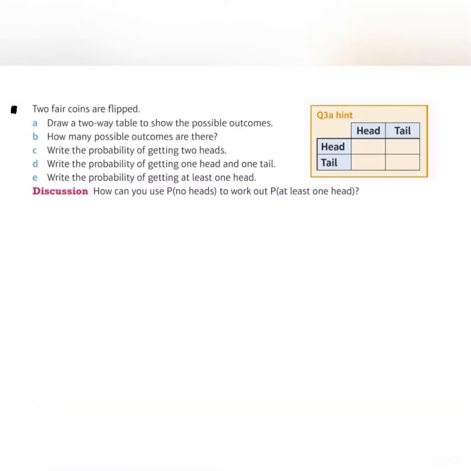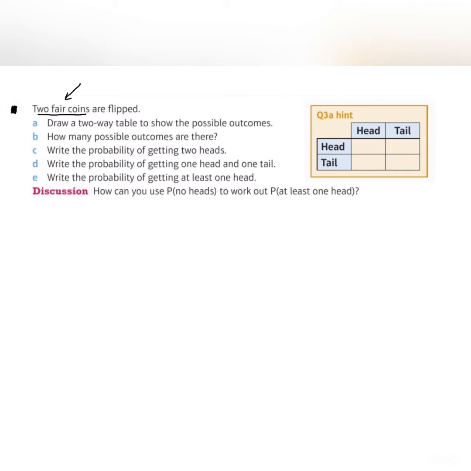Next question, it says 2 fair coins are flipped, and draw a 2-way table to show the possible outcomes. Fair means there's nothing wrong with a coin, they're not biased, so head or tail have an equal chance of appearing.